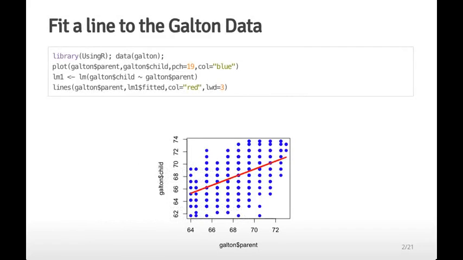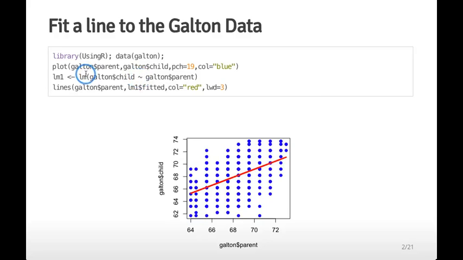So again, we have this data that we've collected from, well, Francis Galton has collected on our behalf in the 1800s, and so we load the data in using an R package, and we plot the average parent height versus the child height, and then we fit a linear model relating the child's height to the parent's height, and we do that using this tilde term.